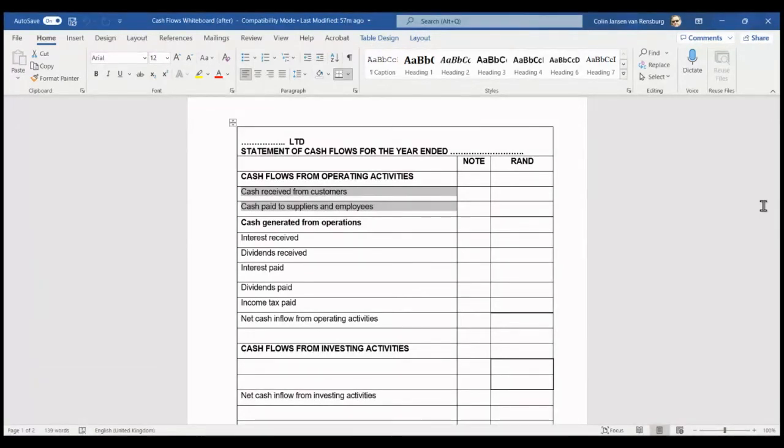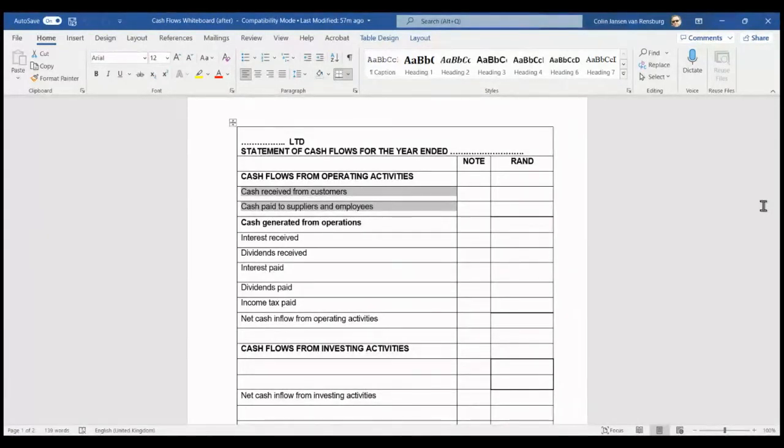Perhaps this is also a good time to make a little note, ladies and gentlemen. That will be any money that you receive from your customers, whether it is money that you've received from cash sales, or it could be money when your debtors pay your accounts, right? That is the reason why that line item is called cash received from customers. You can clearly see it's not called cash received from debtors, right? Because that would limit it to debtors.